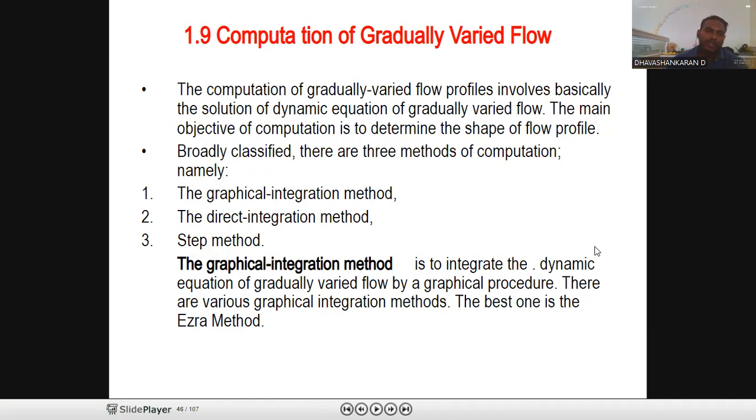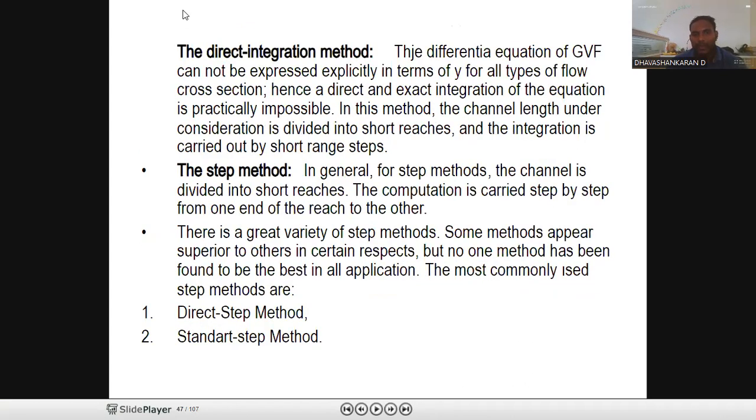All of these are used to find the gradually varied flow from the dynamic equation. In the direct integration method, the equation of gradual flow can be expressed implicitly in terms of y for all types of flow cross section. Hence, a direct and exact integration of the equation is practically impossible. So in this method, the channel length under consideration is divided into short reaches and integration is carried out in steps.